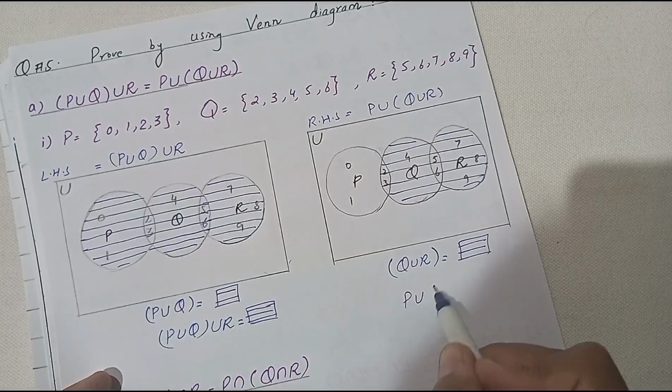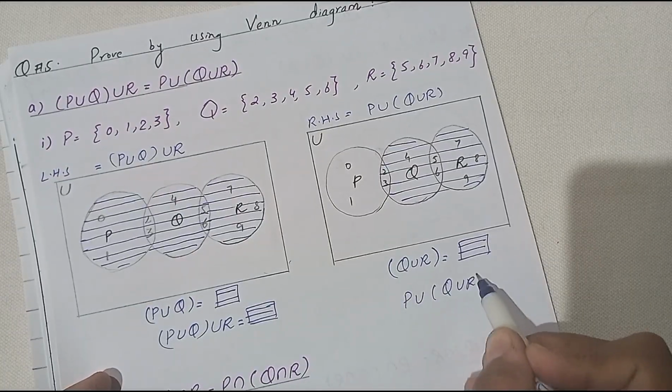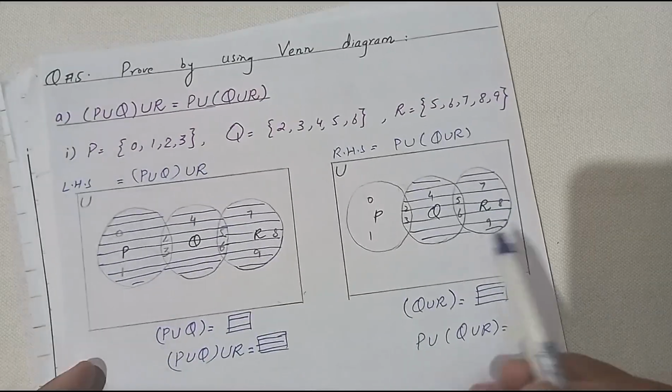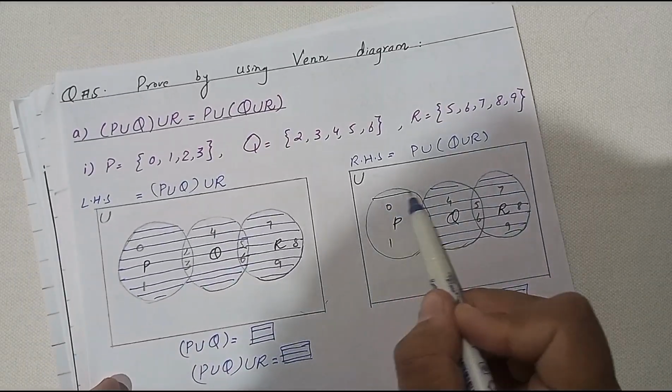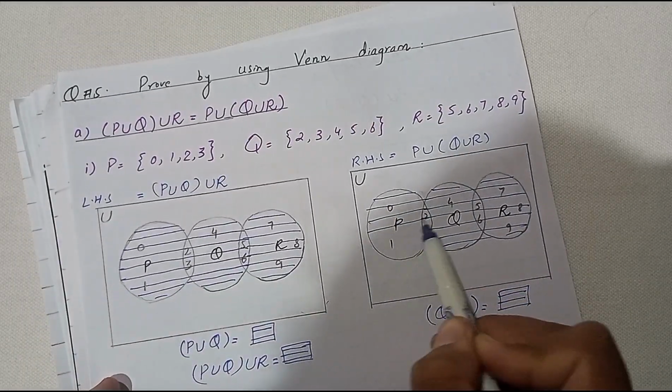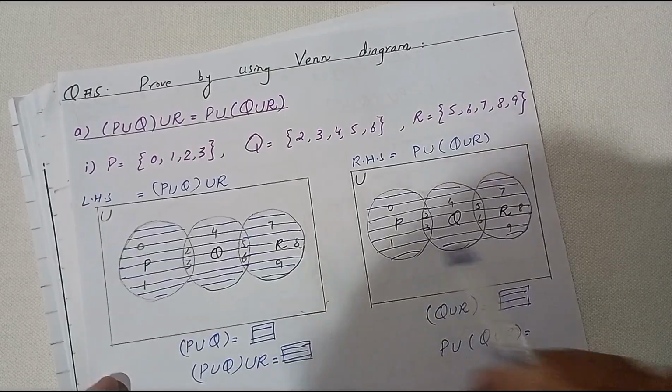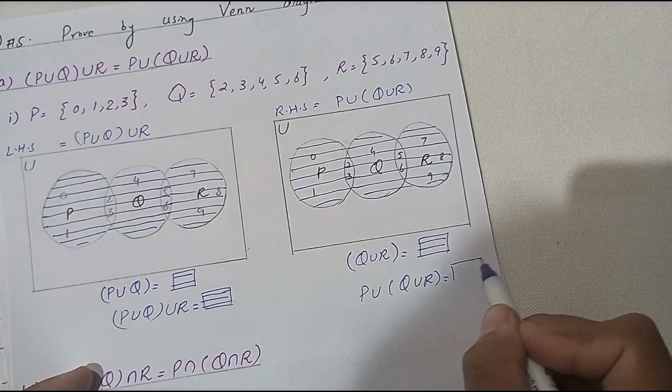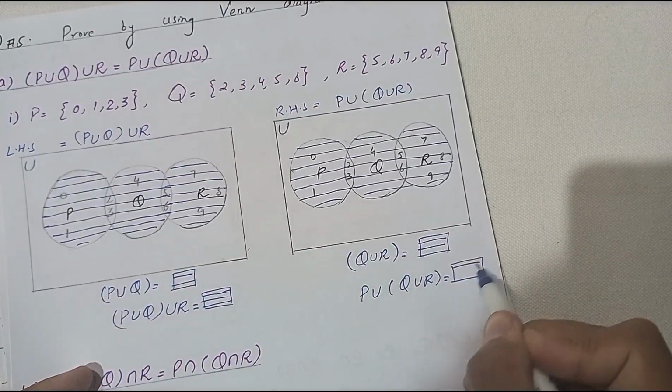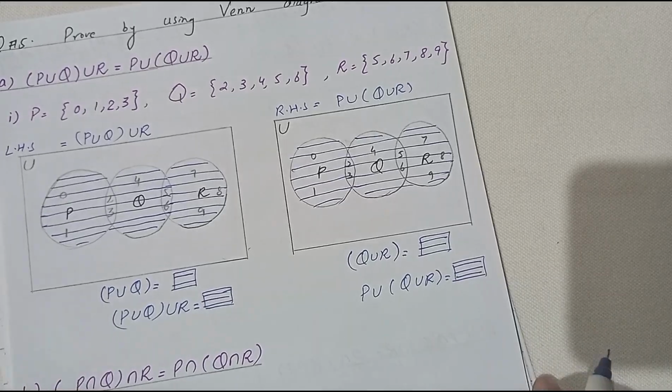Now P union Q union R means all parts of P, Q and R are shaded. So we also shaded P with the horizontal lines. And the final shading, all parts with the horizontal line shading, is the right hand side shading.